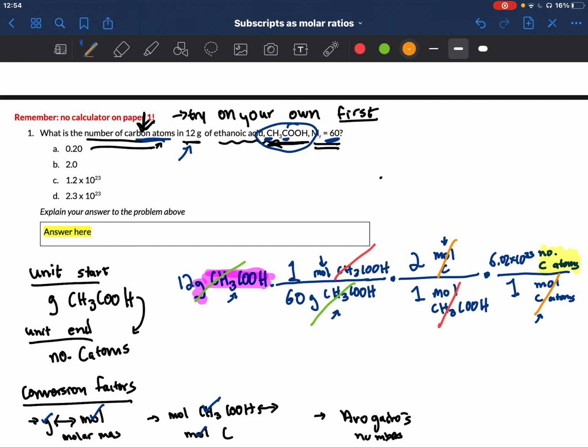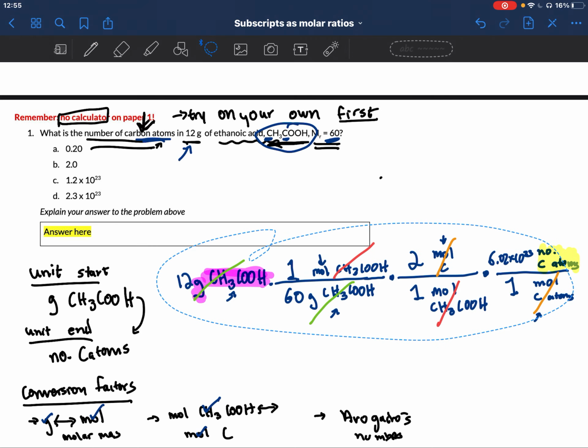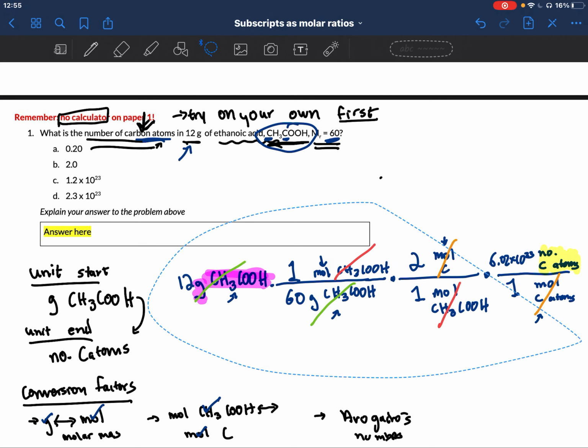All right, the only other trick to this problem is this is a paper 1 problem, meaning there is no calculator allowed. No calculator, you say, but look at these giant numbers. All right, this is where we need to do a little bit of mental math. So let's take a look at what that would look like.